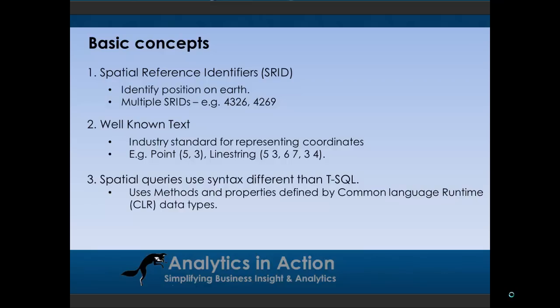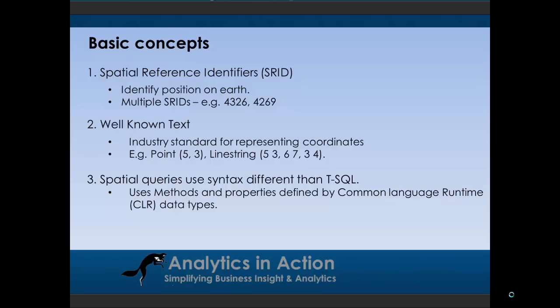Essentially these systems are a sort of mathematical system which, as I said, define the position on Earth, but you can use different spatial reference identifiers for different areas on Earth, or you can have very generalized ones as well. Some are more accurate in certain parts of the Earth, others are more general forms. We'll use probably one main one in this tutorial, which is 4326, which is a generalized spatial reference identifier. That's probably about all you need to know about them.